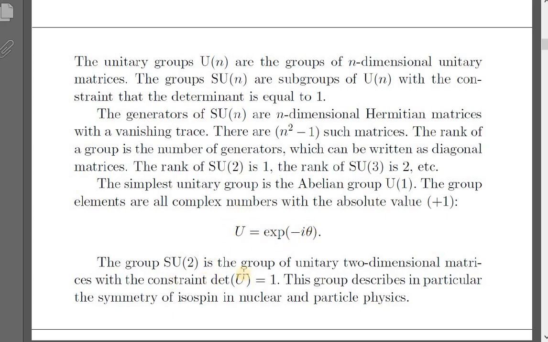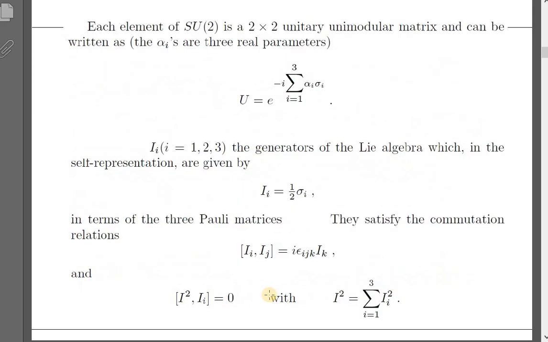Now the group SU(2) is the group of unitary two-dimensional matrices with the constraint determinant U equal to 1. As I have already discussed before, this group describes in particular the symmetry of isospin in nuclear and particle physics. Each element of SU(2) is a 2 by 2 unitary unimodular matrix and can be written using the alpha_i as 3 real parameters in this way.